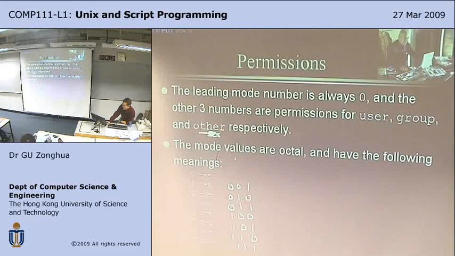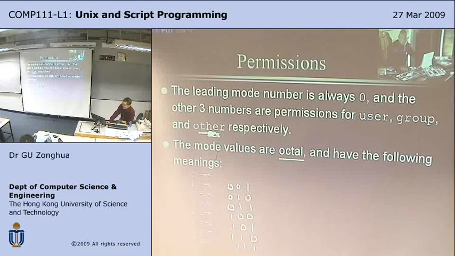So the values are octal. That is, 8 and 9 don't make sense. Only 0 to 7 makes sense. And this is for a single group.